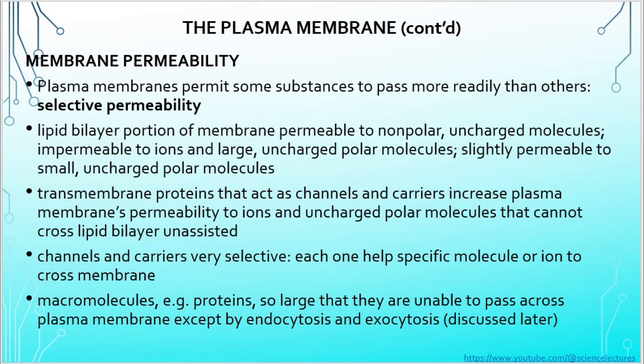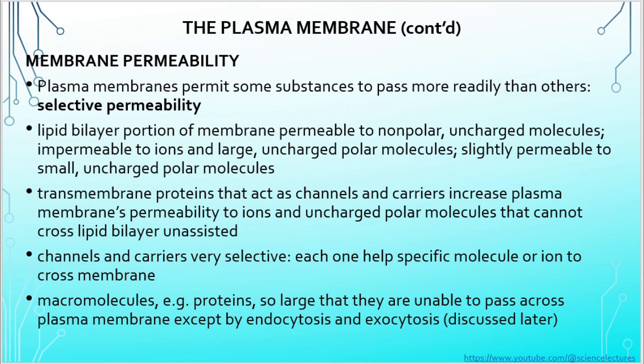Transmembrane proteins that act as channels and carriers increase the plasma membrane's permeability to a variety of ions and uncharged polar molecules that, unlike water and urea, cannot cross the lipid bilayer unassisted. Channels and carriers are very selective.